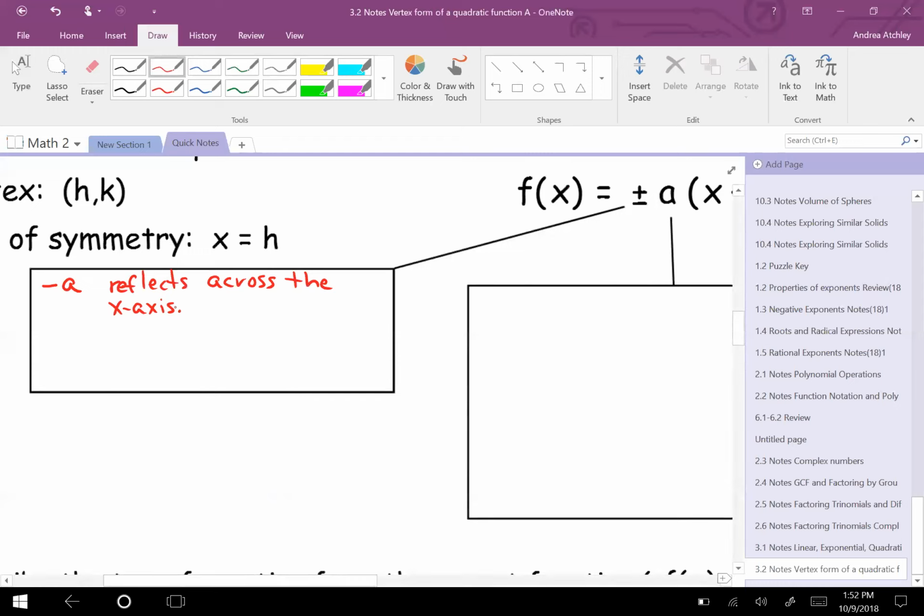If the a is positive, we don't say anything because it's just a basic parabola. It's facing up. But if it's negative, it reflects across the x-axis.